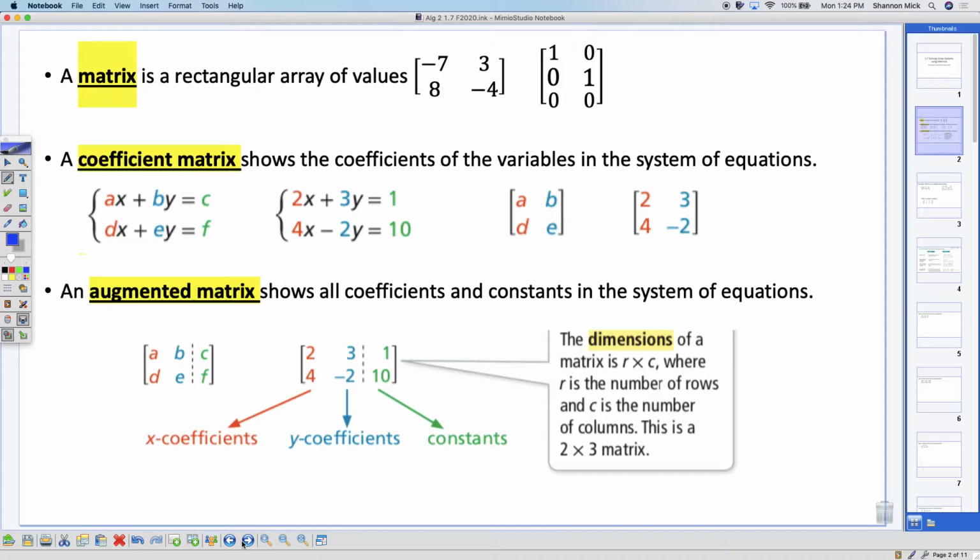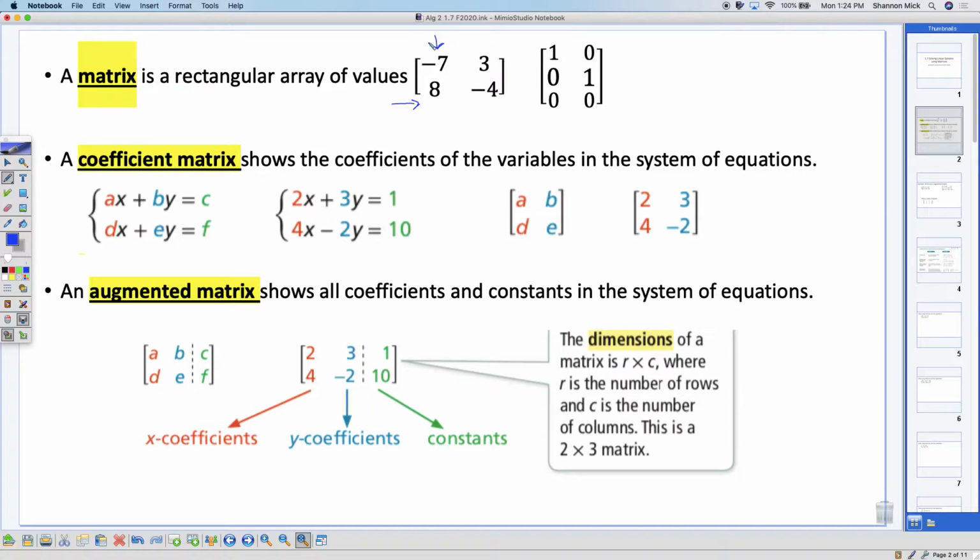Okay, so first of all, a matrix is an array of numbers. All it is is numbers in columns and rows. Rows go this way. Columns go this way. People struggle with that sometimes. Just think about it: you can't have a column without a row.